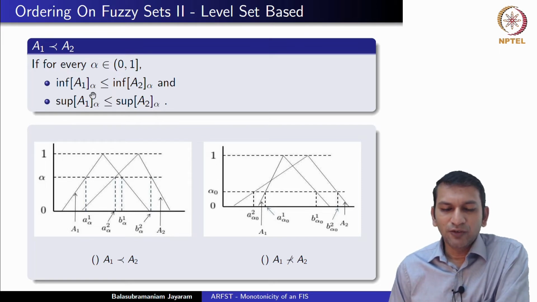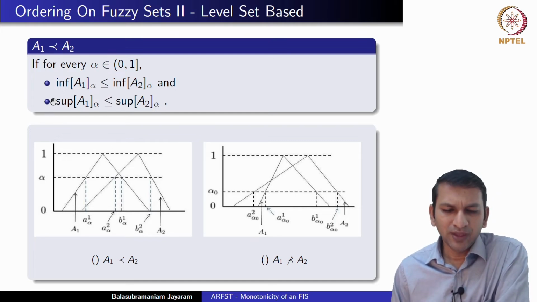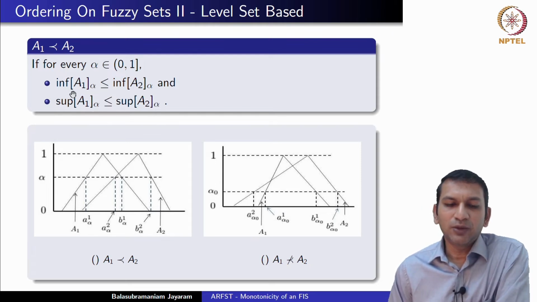So what does it say? For each alpha cut, the infimum should be smaller than the corresponding infimum of the alpha cut of A2, and the supremums of the alpha cuts should also be comparable, with one smaller than the other. This is essentially the ordering put in words.